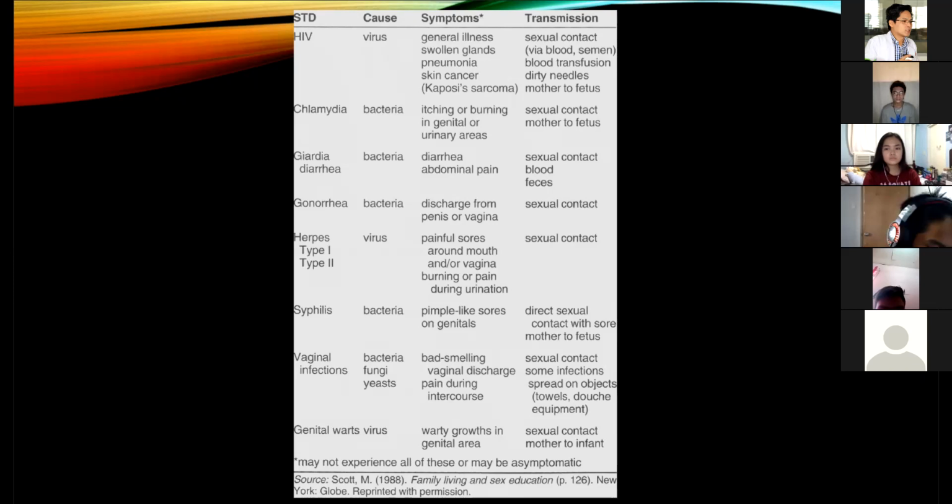Let's move on to gonorrhea. Again, bacterial in nature. This is common. There is discharge from the penile area or penis, or the vaginal canal. So usually it will stay in the vaginal canal and in the penile area.